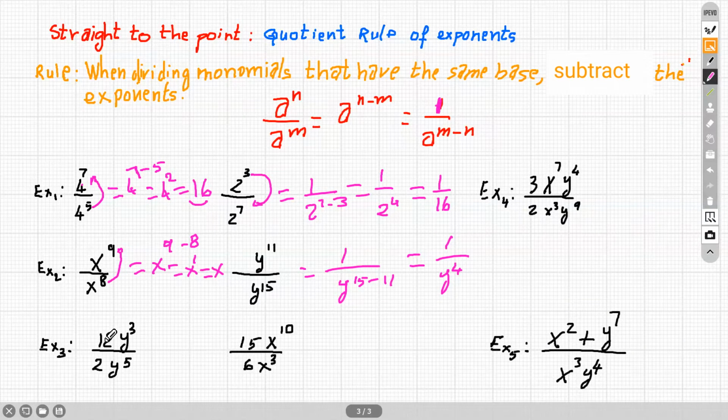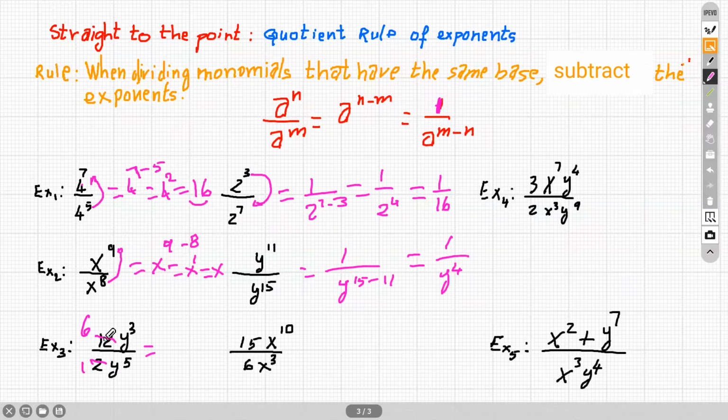Example number 3. Now when you have numbers, you can go ahead and simplify those numbers first. We know that 12 divided by 2 is 6, and 2 divided by 2 is 1. So we simplify by 2, and that's just 6. Now, for the y, we are going to move 3 in the denominator, so we are subtracting 3 from 5.